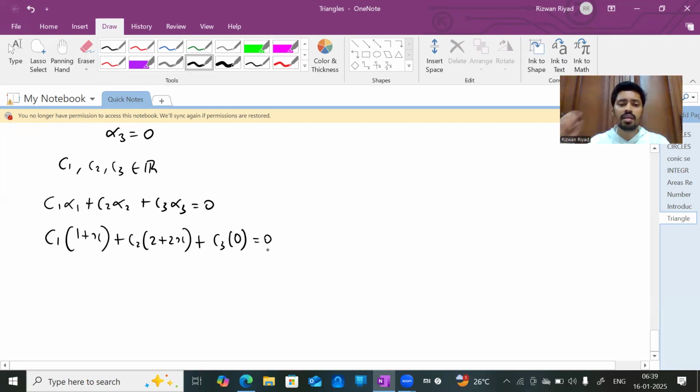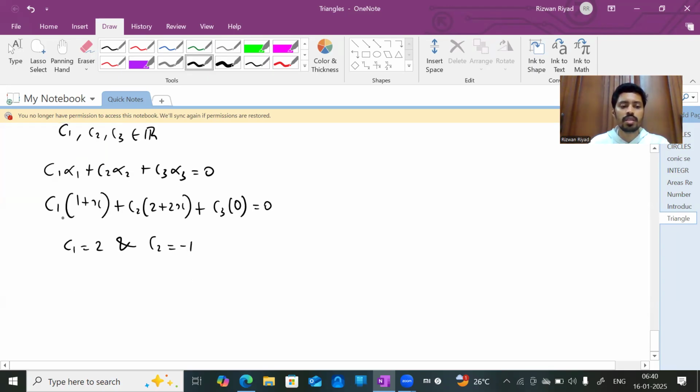So can we say that this equation is satisfied only if all of those C1, C2, C3 are 0? Is it necessary that C1, C2, C3 must be 0 so that this equation is correct? No, this will happen if C1 is equal to 2 and C2 is equal to minus 1.